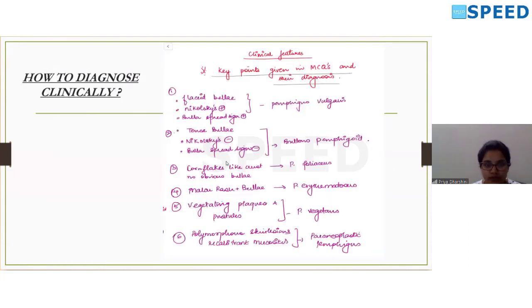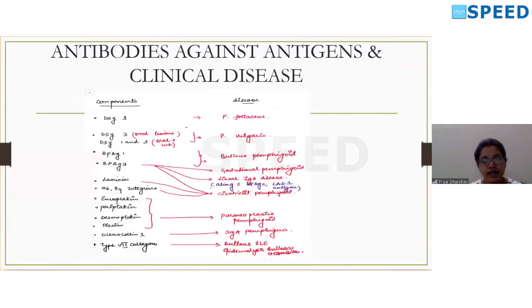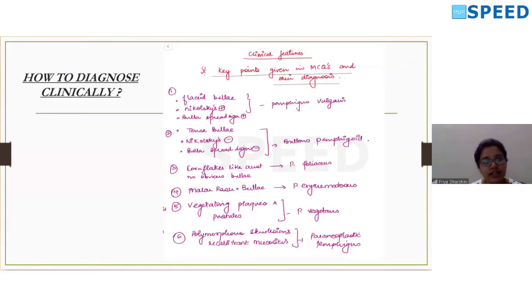So these are all the clinical scenarios by which you can diagnose the condition and solve the MCQs. This is very important and basic stuff you should know before knowing anything in immunobullous disorders, before knowing any direct immunofluorescence finding or any treatment.